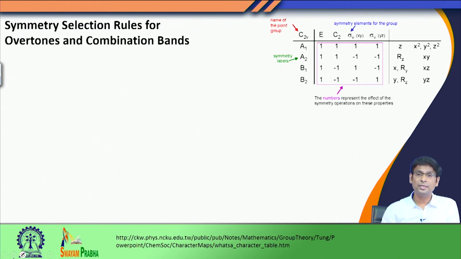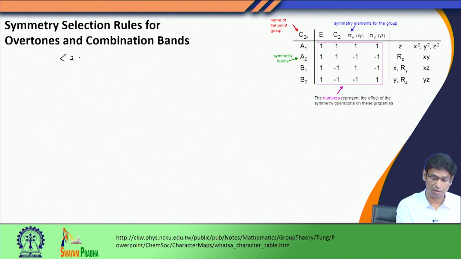Now we discussed the fundamental transition, that means going from 0 to 1, but we also know that when we allow the higher order electric dipole moment terms, then overtones become allowed. So, let us look at one example of an overtone. Suppose, to have an overtone, I have something like this.